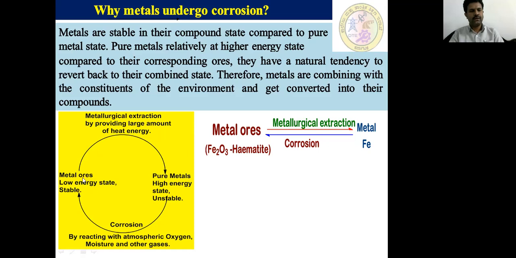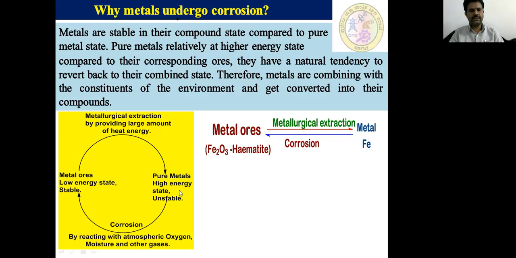But pure metals are extracted from ore by a metallurgical extraction process by providing a large amount of heat energy. That means by heating at very high temperature. So the pure metals with high energy state are unstable.